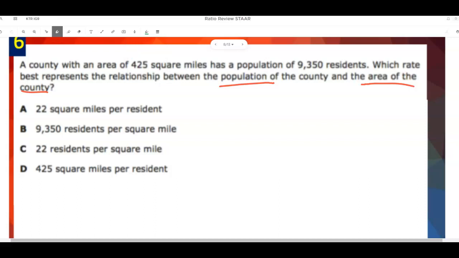Alright, so I'm going to write these numbers a little bit bigger. We've got 425 square miles, and we have 9,350 people.